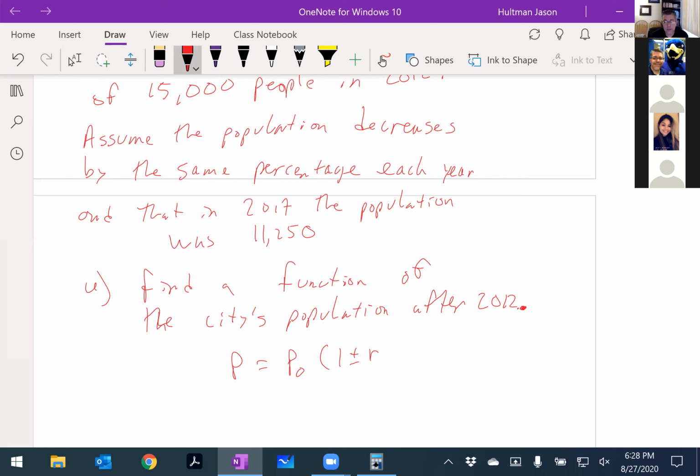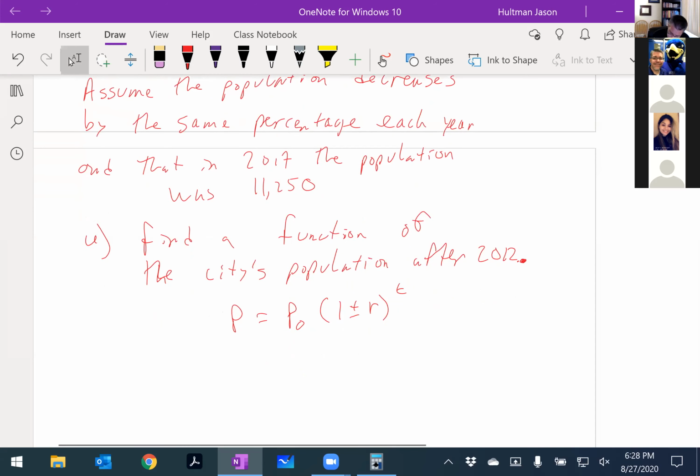If it's a positive R, then it's a growth rate. If it's a negative R, then it's a decay rate. P naught is the initial population, and R is the growth or decay rate.